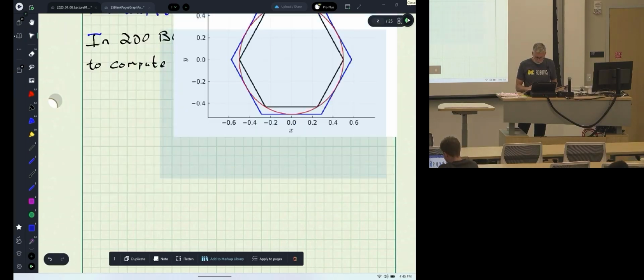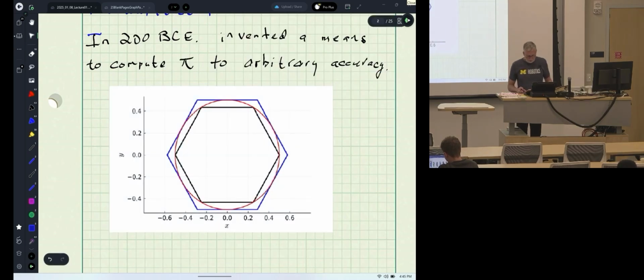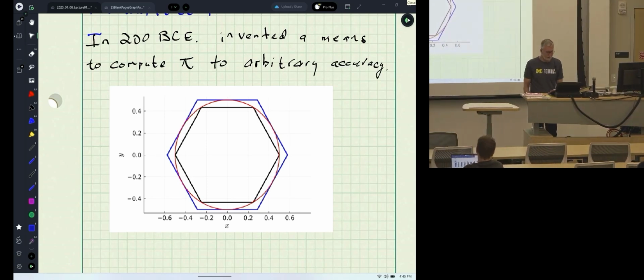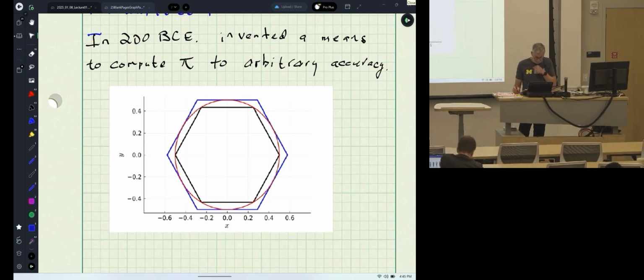Okay, so just draw yourself a circle, and then sketch a hexagon inside the circle and a hexagon outside the circle. I'll give you a second to do that. Or just leave space in your notes and fill that in later as you wish, okay?